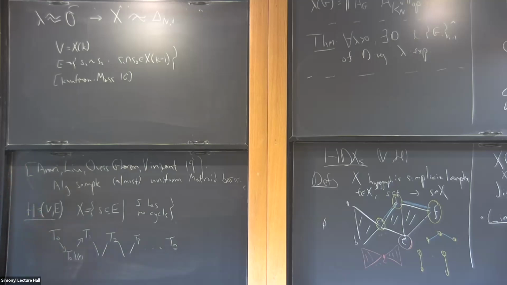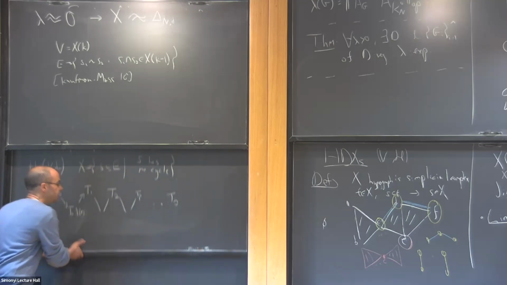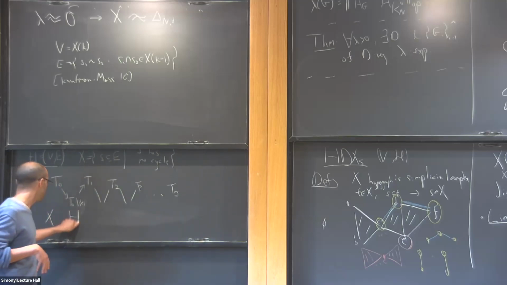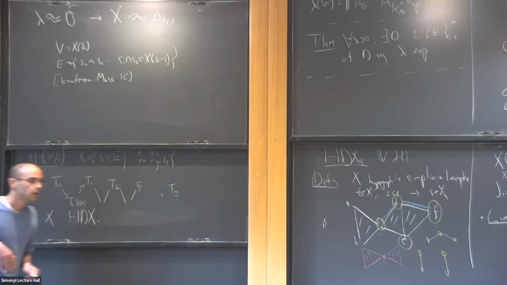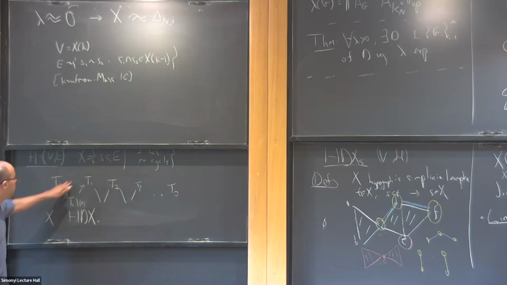But it turns out, and this is the main insight in this work of Anari et al., that if you look at any matroid, then X is a high dimensional expander. There is some technical caveat here, one-sided, two-sided, but ignore that for a second. This simplicial complex is a high dimensional expander.